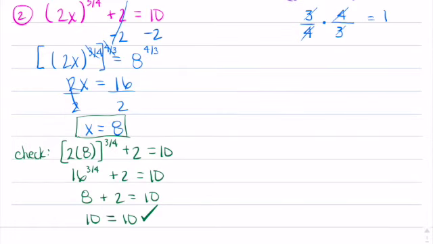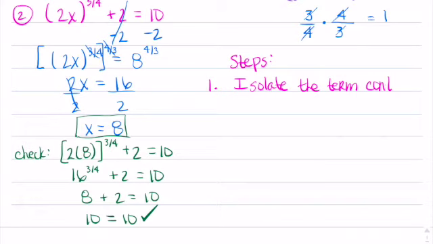All right, before we go further, let's just go back and write down the steps that we just did in order to solve. That way you can refer back to this for other problems. So the first thing we did was we isolate the term containing the exponent.